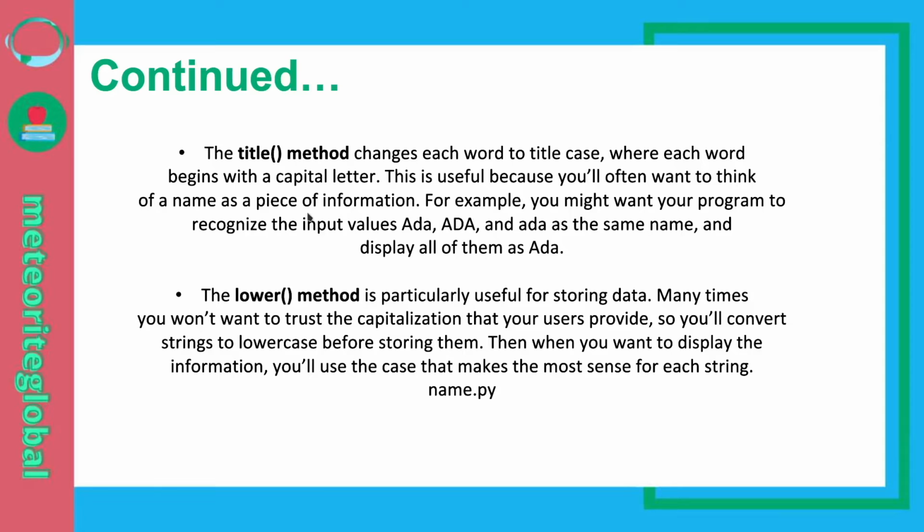This is basically the continuation of what I was teaching. The title method here changes each word to title case, where each word begins with a capital letter. Like in Ada, A becomes capital, and in Lovelace, L becomes capital. This is useful because you'll often want to treat a name as a piece of information.